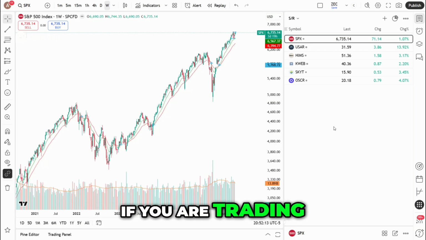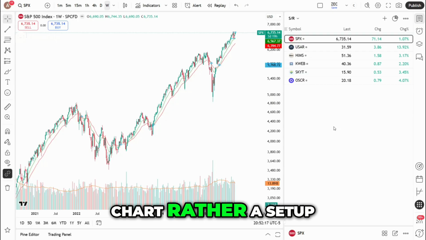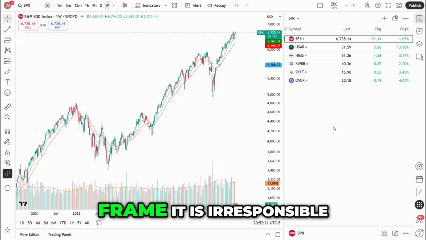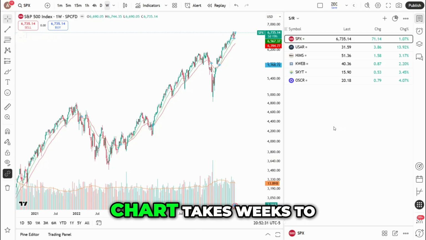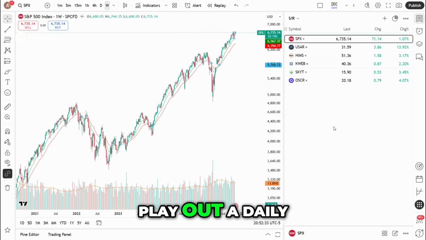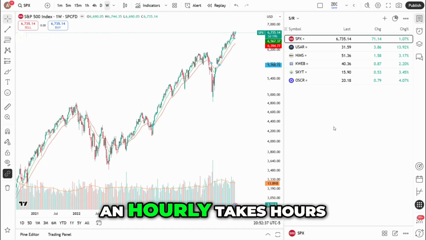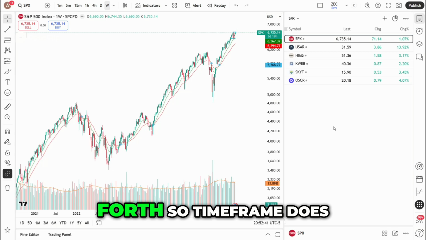As in, if you are trading a setup that you see on the weekly time frame, it is irresponsible to expect it to play out within a day, within 2 days, within even a week. A weekly time frame chart takes weeks to play out. A daily time frame chart takes days to play out. An hourly takes hours to play out, and so on and so forth.